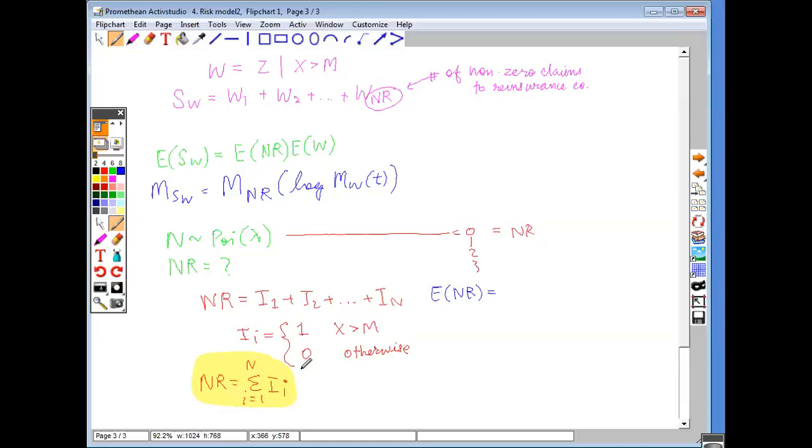We'll be using the fact that it is a sum of some random variables to determine the expectation in a similar way we did here.